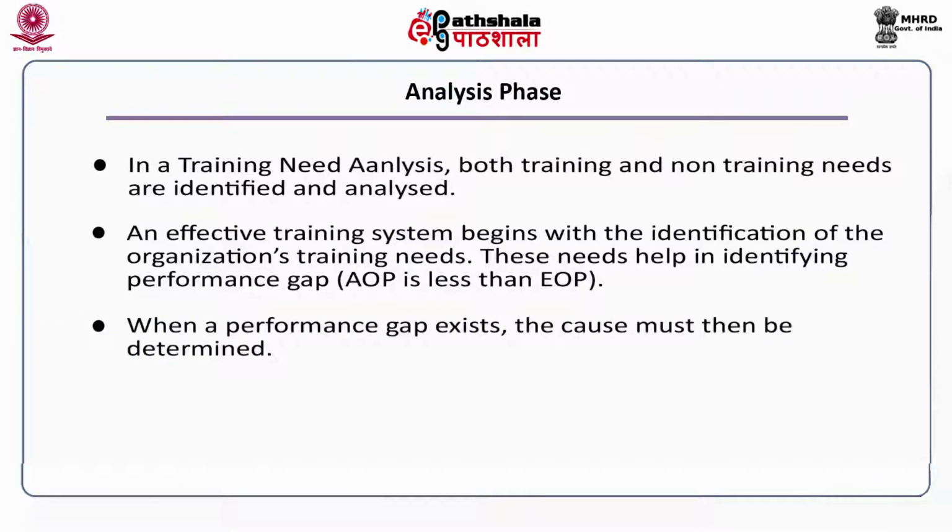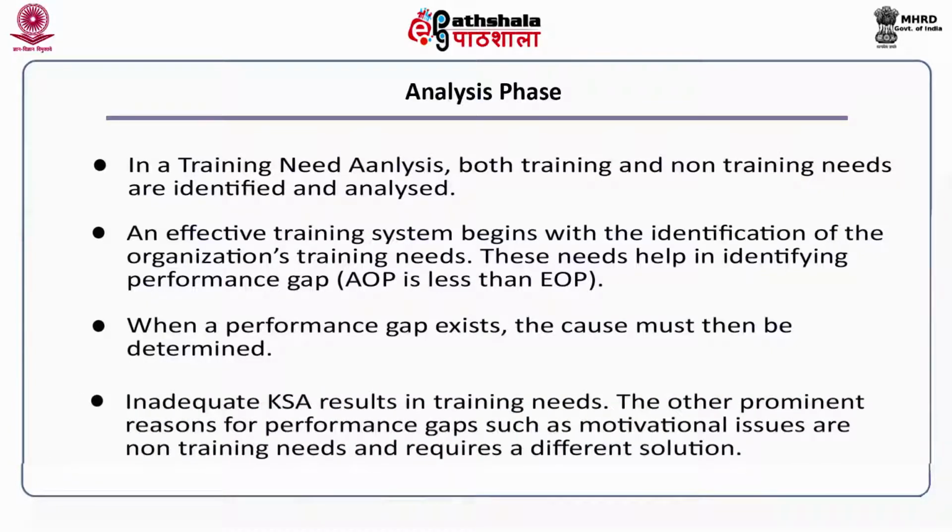When a performance gap exists, the cause must then be determined. Inadequate knowledge, skill and ability results in training needs. The other prominent reasons for performance gaps, such as motivational issues, are non-training needs and require a different solution.